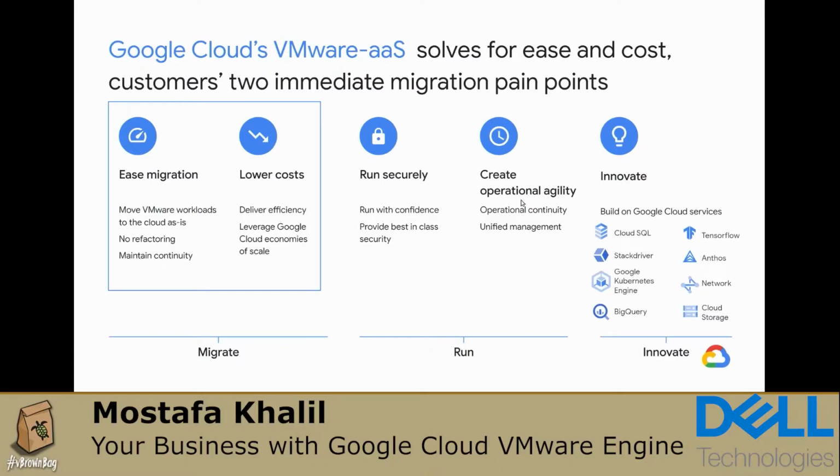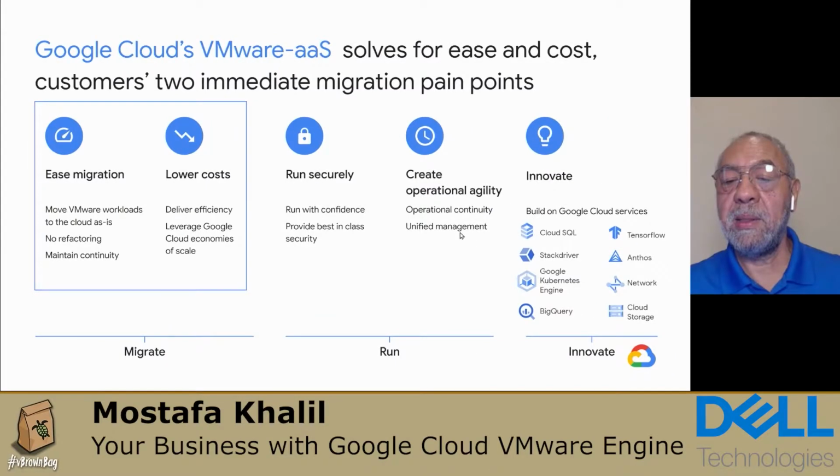You create operational agility and operational continuity, and it gives you room for innovation where you can utilize any of these available Google Cloud services. For example, Cloud SQL, Stackdriver, which I will show you a quick demo of later on. You can use, as I mentioned, Kubernetes Engine, and so on.